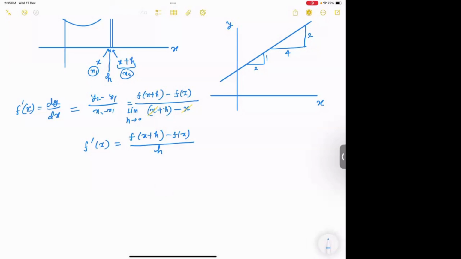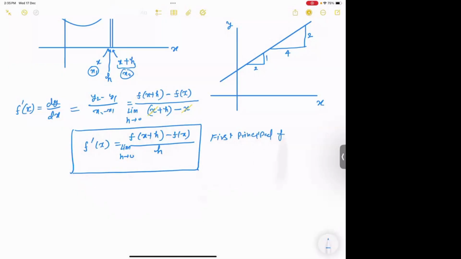So only h is left. And I can write limit h tends to 0. So that's basically the first principle formula for derivative.